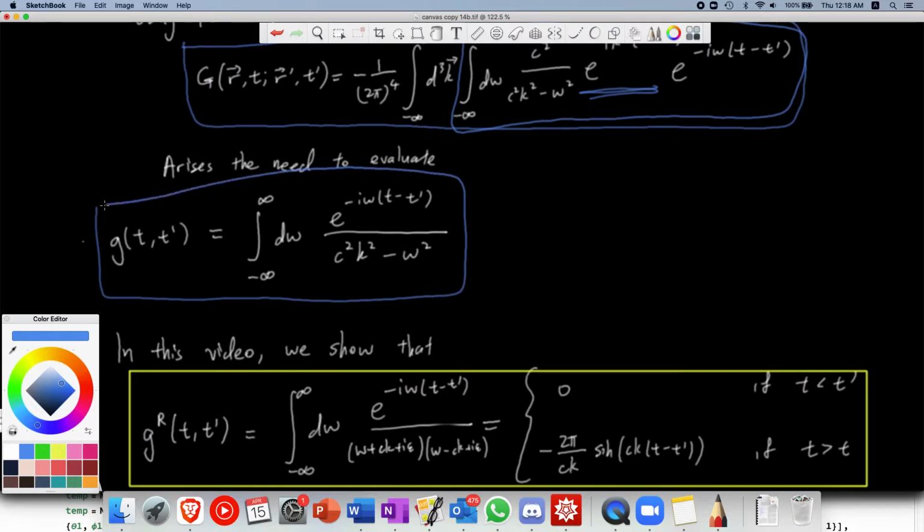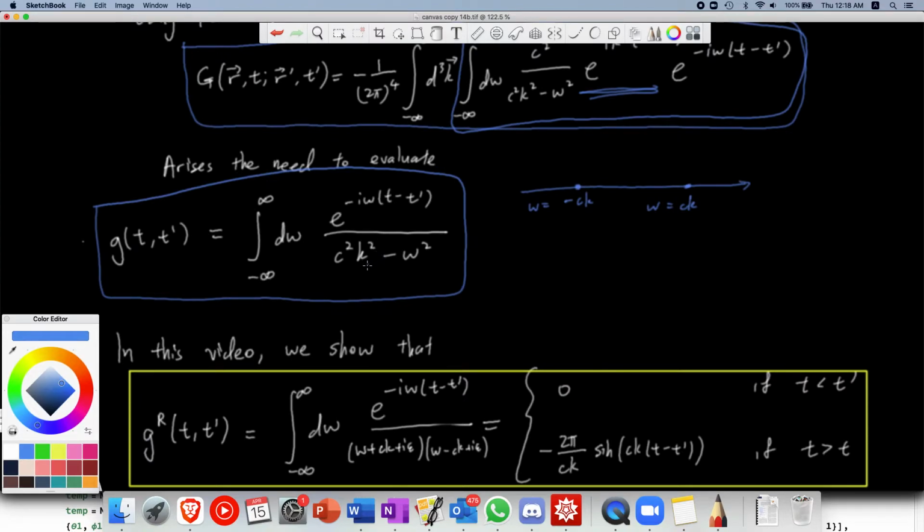Now how do we do this integral? We see that we integrate along the real axis, but there are 2 poles, minus ck and ck. At these 2 poles, the integral breaks down, so we are unable to assign a direct value to this integral.